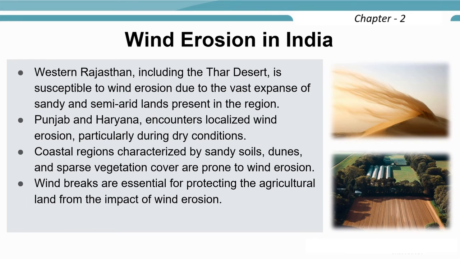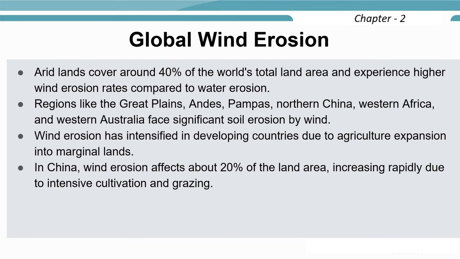Global wind erosion. Arid lands cover around 40% of the world's total land area and experience higher wind erosion rates compared to water erosion. So the 40% of area which comes under arid regions is prone to wind erosion more than water erosion. Regions like the Great Plains, Andes, Pampas, Northern China, Western Africa, and Western Australia face significant soil erosion by wind.